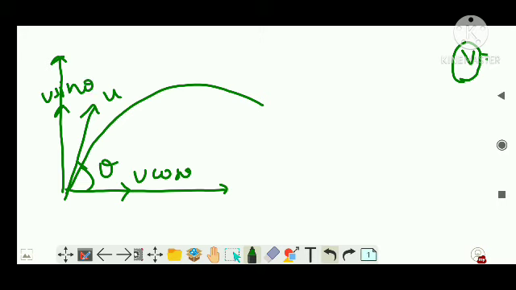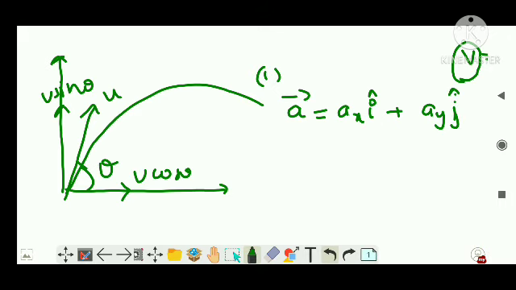Right, now we are considering, and I can write what is the acceleration. That is the first point we are going to write. Acceleration I can write for any vector quantity. Acceleration is ax i cap plus ay j cap. Right, now we just told that in x direction there is no acceleration because ux is constant velocity in x direction, right?